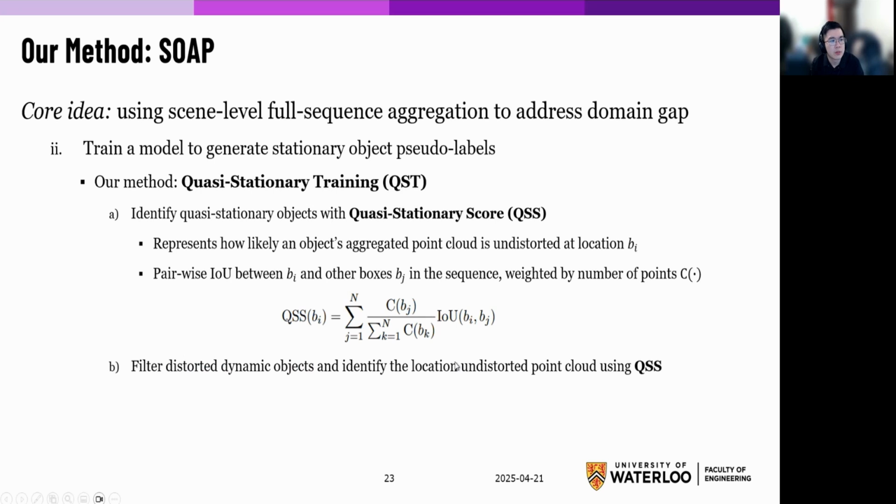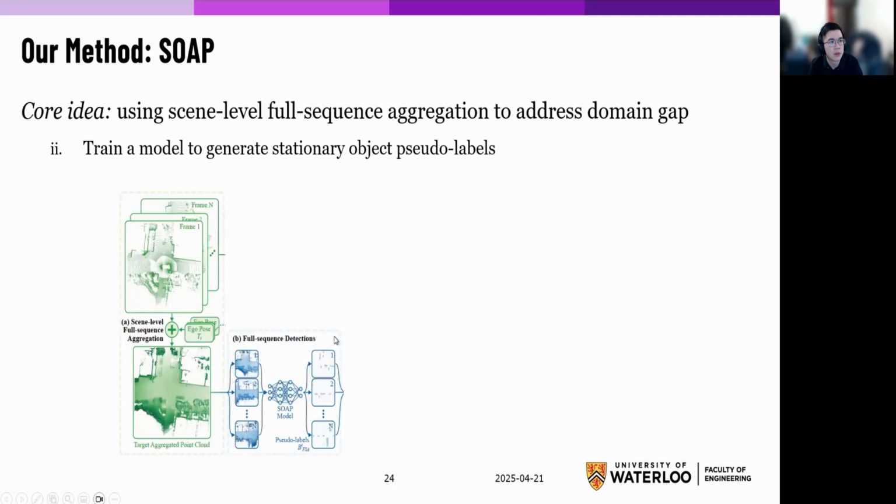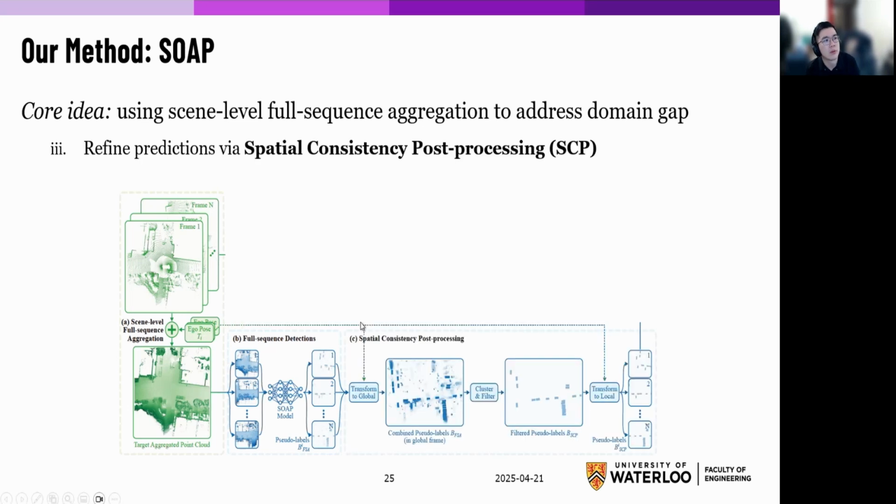So using this QSS score, we can then filter the dynamic objects and identify certain dynamic objects that can appear undistorted by having a simple threshold. And this is how we generate pseudo-labels for those stationary and quasi-stationary objects. And after this, we can refine those pseudo-labels by what we call a spatial consistency post-processing, SCP, technique.